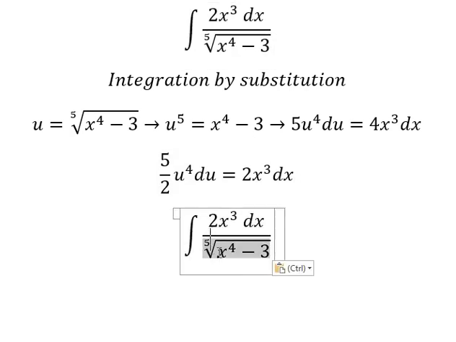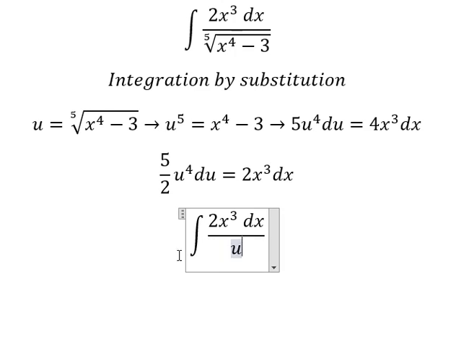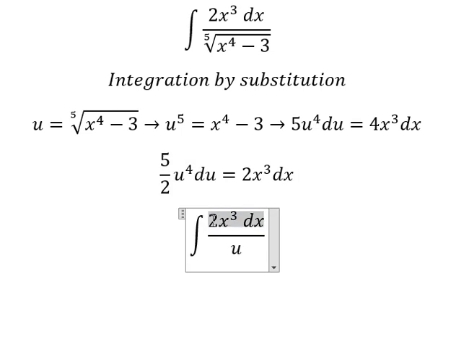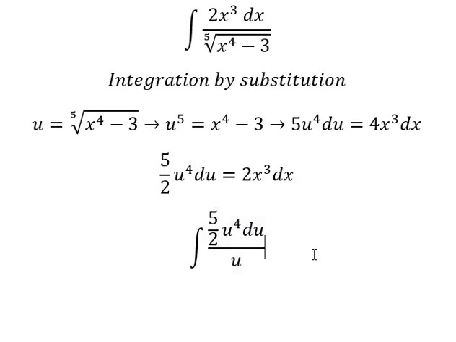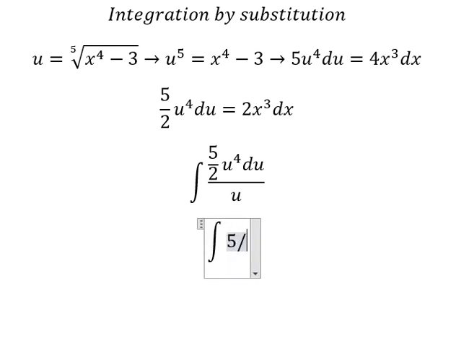So this one we change to u. 2x to the power of 3 dx we change to this one. So u to the power of 4 divided by u, we have u to the power of 3 du.